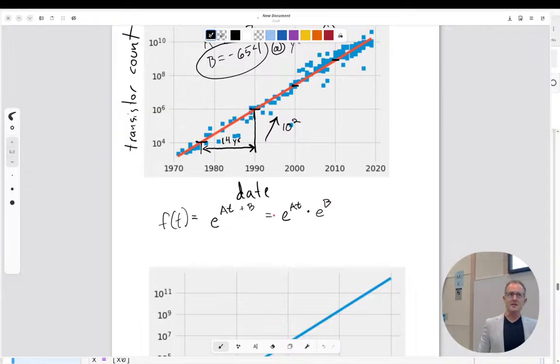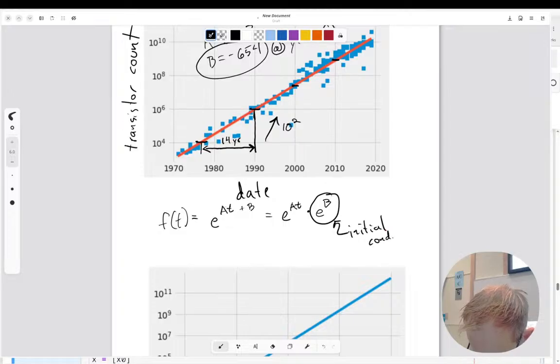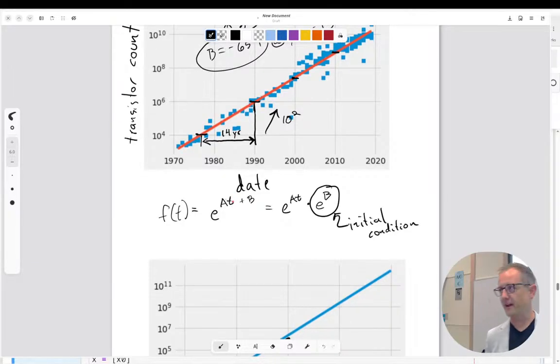So that e to the b term is our initial condition. e to the negative 600 is basically zero. There were 0 transistors on processors in AD 0, and that sounds about right. It's also kind of nonsensical because we didn't start making them till the 70s, but whatever. Maybe someone out there had a single transistor rock keeping track of 1 bit.